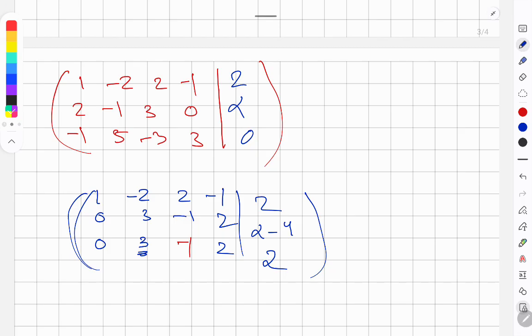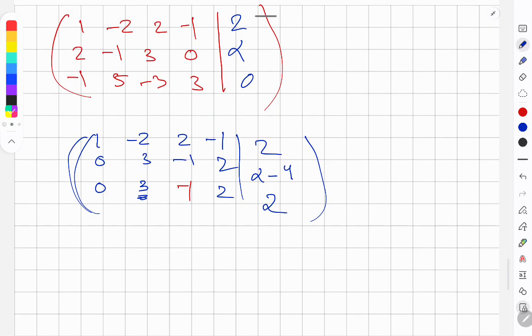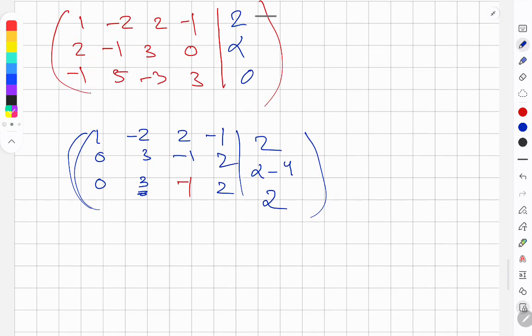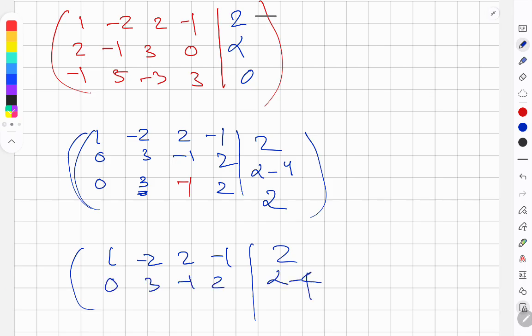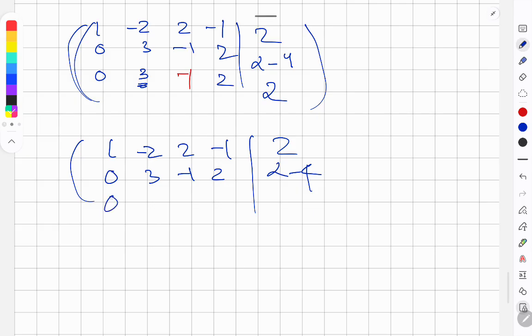The steps I did last time are the same, and now I can add this 2. Yes, we can actually: 1 -2 2 -1, 2 0 3 -1, 2 alpha -4, and 0 0 0 0, and here is alpha.